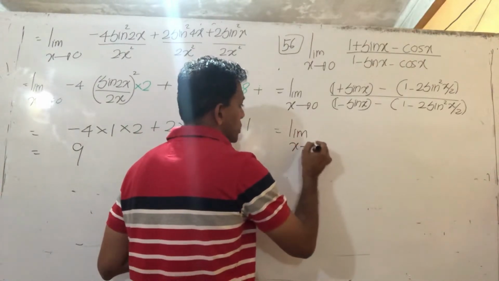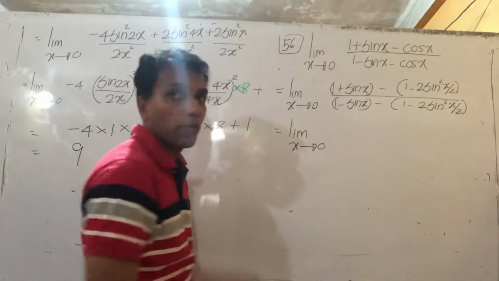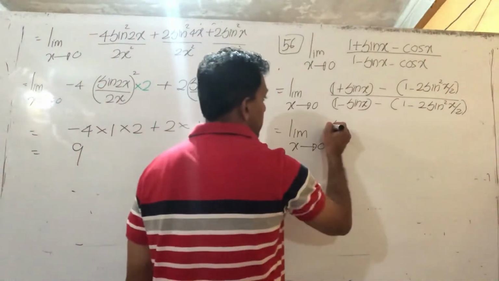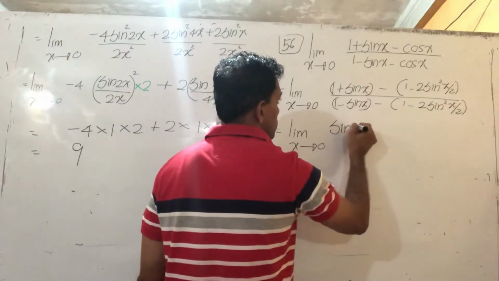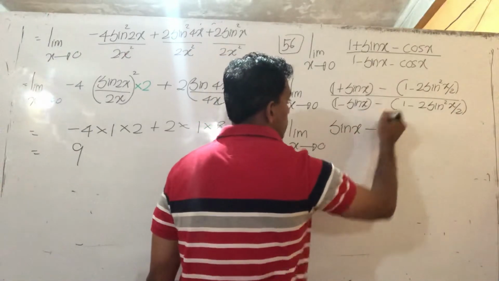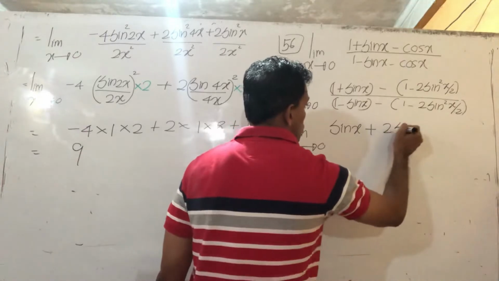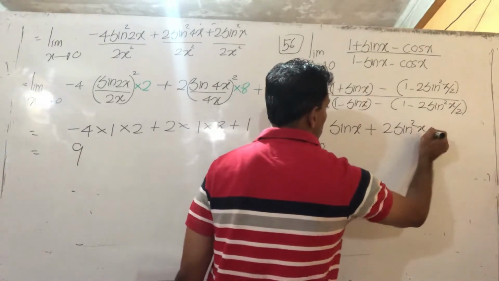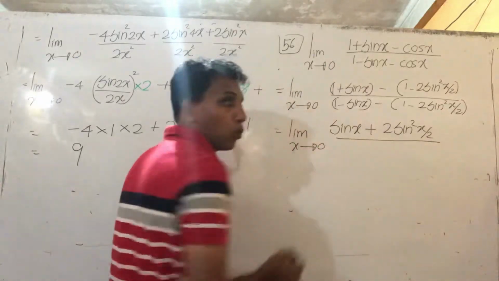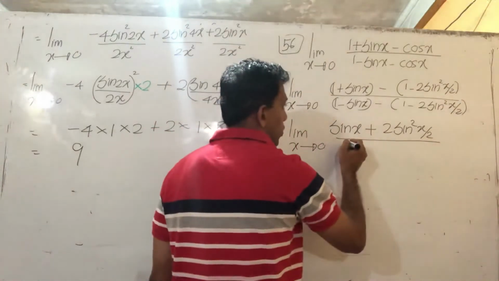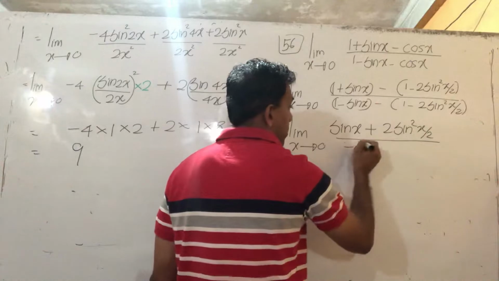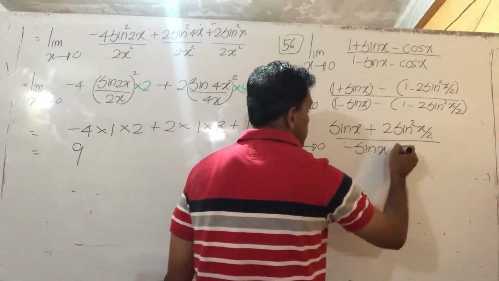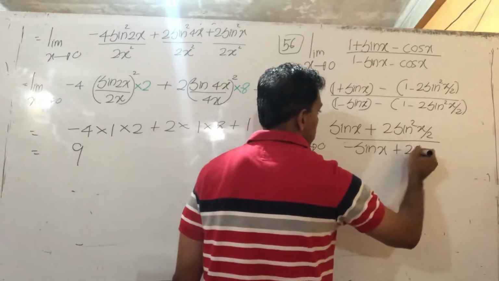x tends to 0. Now see, 1 cancels, sine x minus minus plus 2 sine square x by 2, over, here 1 cancels, minus sine x minus minus plus 2 sine square x by 2.